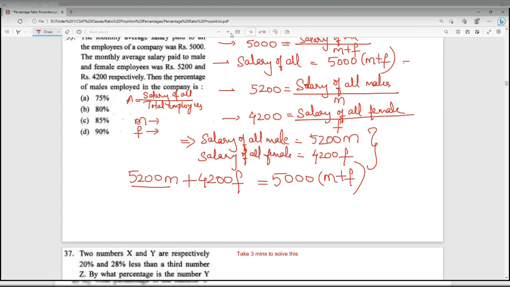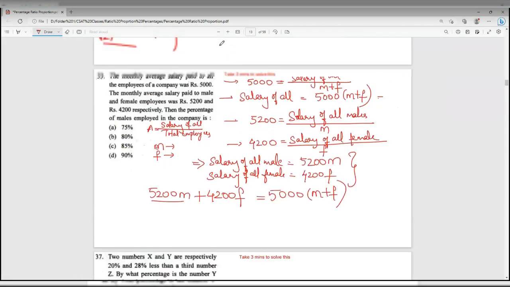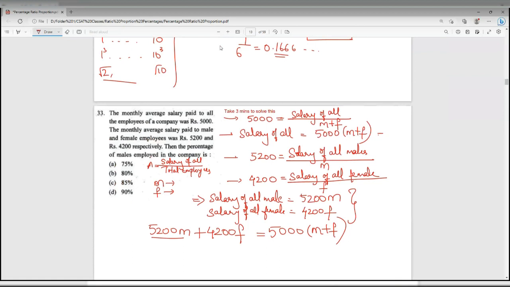We'll open the brackets here: 5,200 M plus 4,200 F is equal to 5,000 M plus 5,000 F. And we'll bring M one side and F the other side.